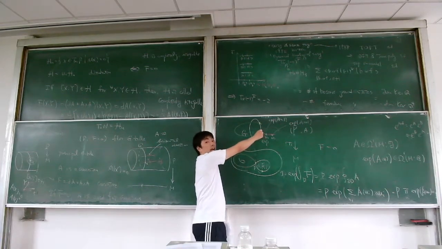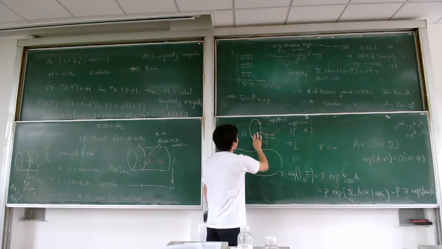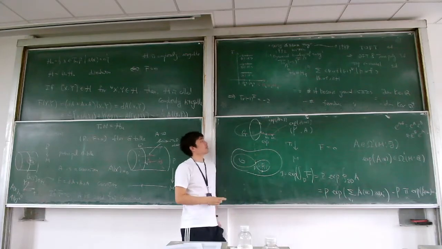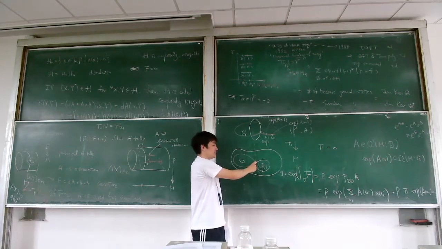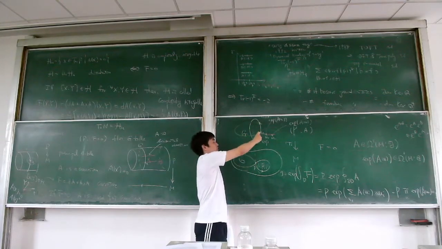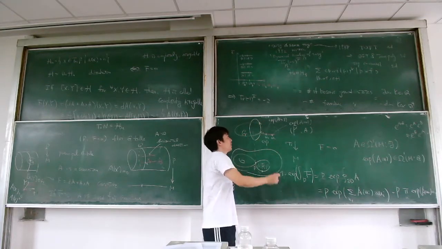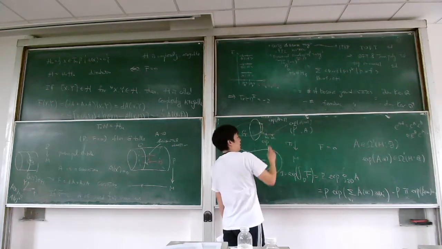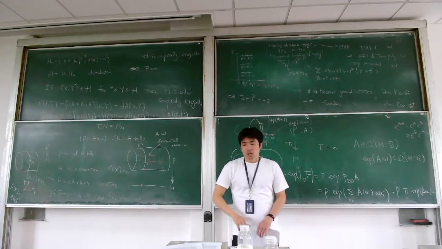So this orange line, maybe I should write that. Sorry, not orange, yellow line. If you follow this yellow circle, it can go to somewhere else on the fiber. And this difference is measured by this path-ordered holonomy.